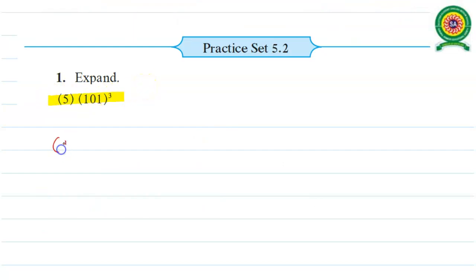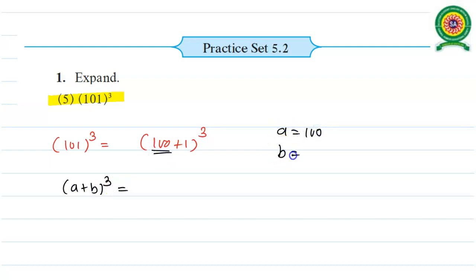So we can write now 101 as (100 plus 1) the whole cube. Now look once carefully on comparing with (a plus b) the whole cube. We are having now a value becomes 100 and b value becomes 1. So the expansion of (a plus b) the whole cube is of the form a cube plus 3 times a square b plus 3 times ab square plus b cube.